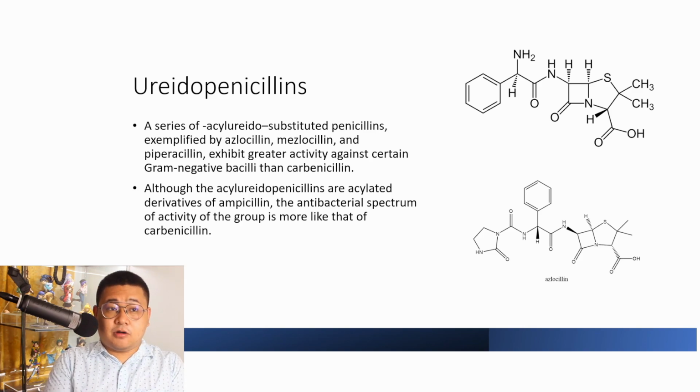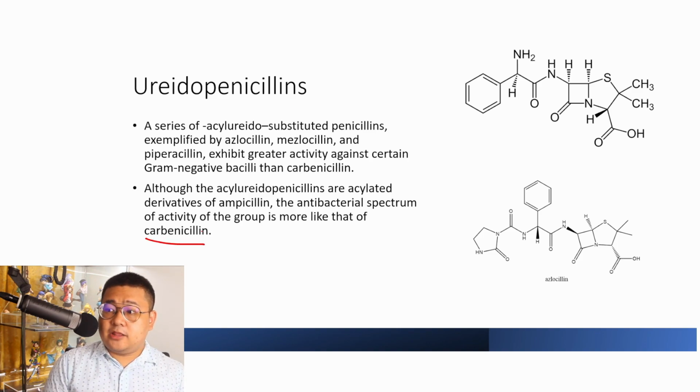Next, we have our ureidopenicillins. Our acyl-ureido substituted penicillins, which are represented by azlocillin, mezlocillin, and piperacillin, exhibit greater activity against certain gram-negative bacilli than carbenicillin. Although our acyl-ureidopenicillins are acylated derivatives of penicillin, the antibacterial spectrum is closer to carbenicillin.